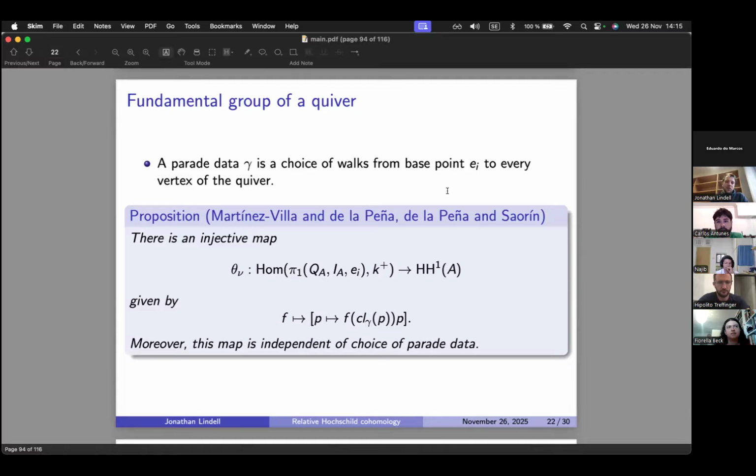For example, for gentle algebras, there's a long computation to give precisely the generators of HH1 of A. But as you say, for the fundamental group, you just take the quiver and look at it just as a graph. So there you have an example where maybe it's easier to compute the fundamental group than the actual HH1. I see. Thank you.